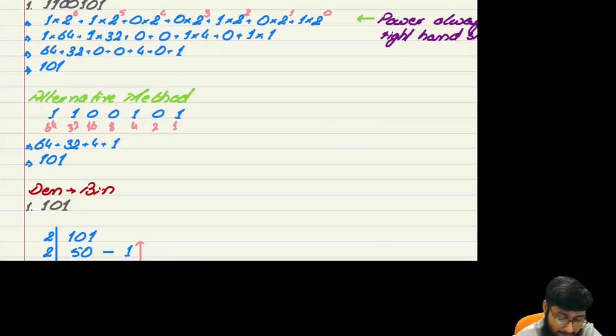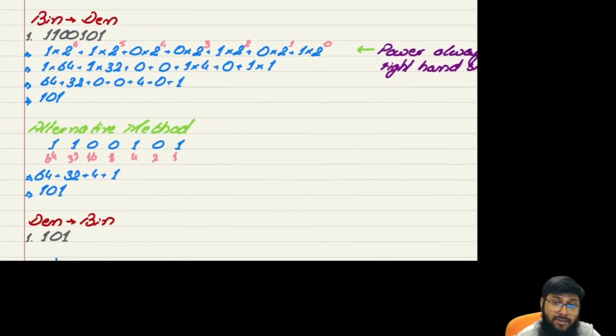So considering the on bits, 64 will be added to 32, added to 4, and added to 1, and finally I'm getting the similar answer, 101, that I got with the previous procedure. So this is how we need to convert a binary number into a denary number.